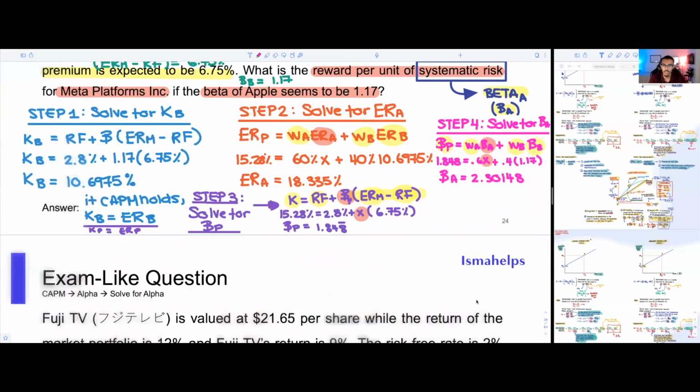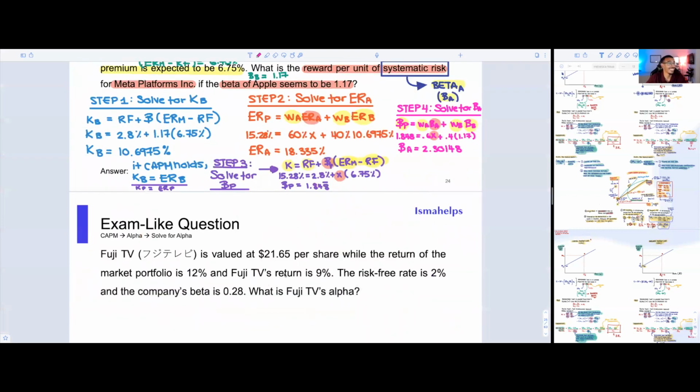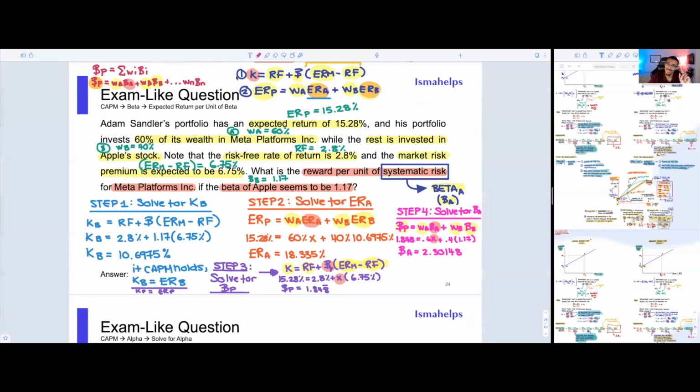But are we done yet? No, we're not. We're not done just yet. There's one more step that we gotta jump through. But it's still awesome because we found the beta of A, so we're pretty happy about that. Now that said, the last step is solving for the systematic return, the reward per unit of systematic risk.